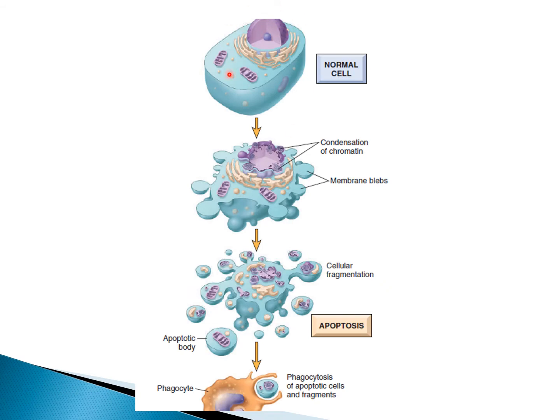This is the normal cell, and this is the apoptotic cell, which turned on the apoptotic pathway of cell death. The nuclear chromatin will be condensed. The whole cell is shrunken. These apoptotic bodies start to fall off, and then they will be cleared by phagocytes, but without any inflammatory reaction.